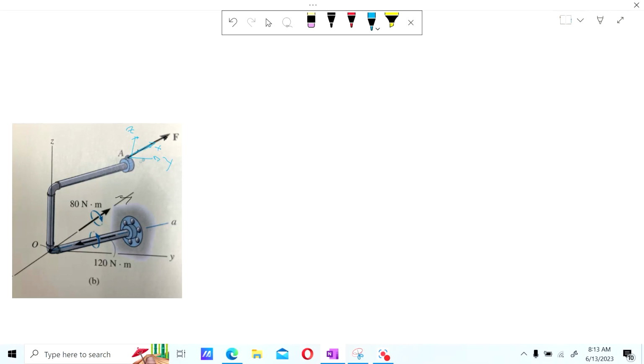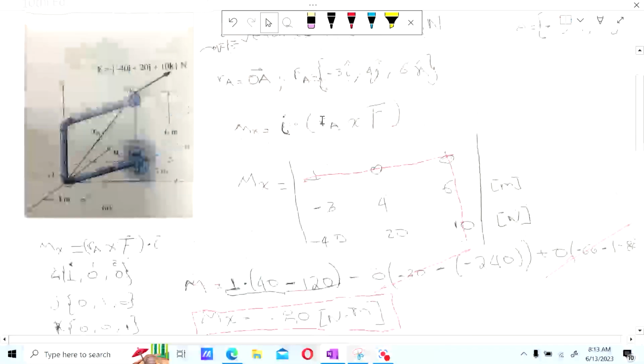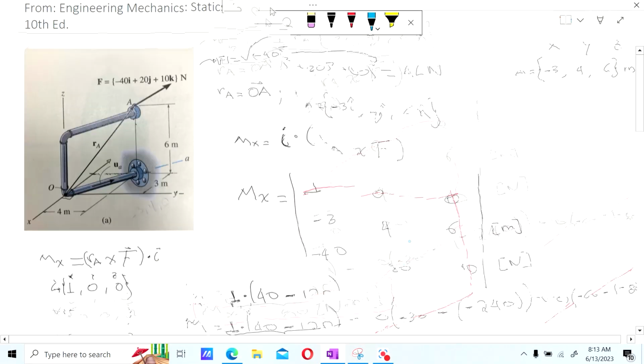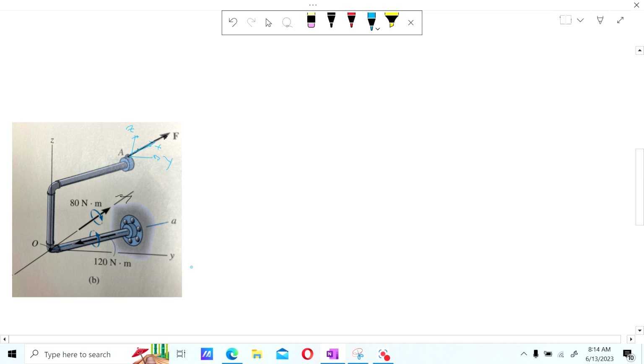But notice that in y and in z, it will have something, and that's actually what we found out here. It's going to have for x contributions from j and k, and the answer is negative 80. So it's just rotating clockwise around x. So the answer is telling us the rotation.